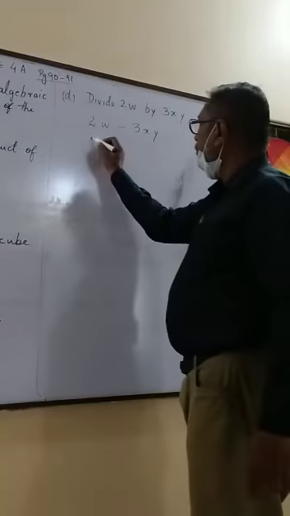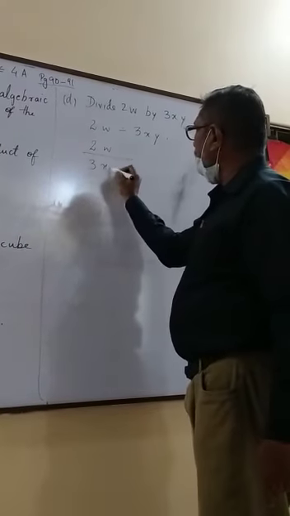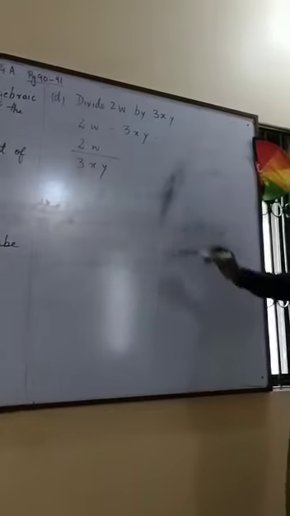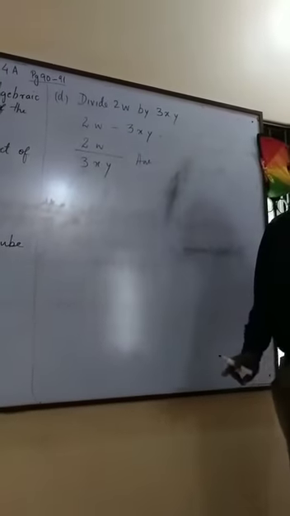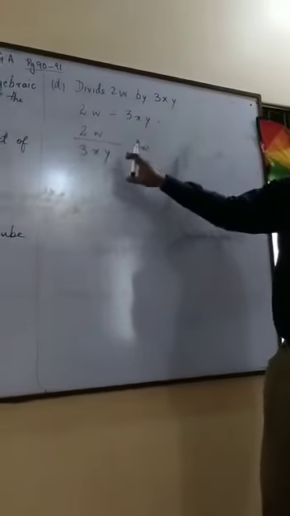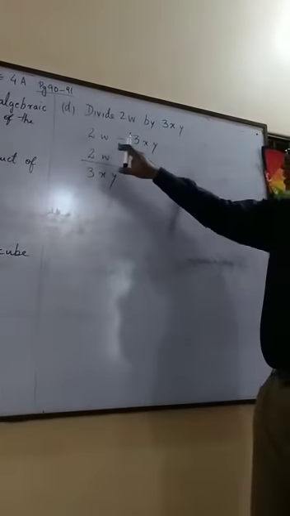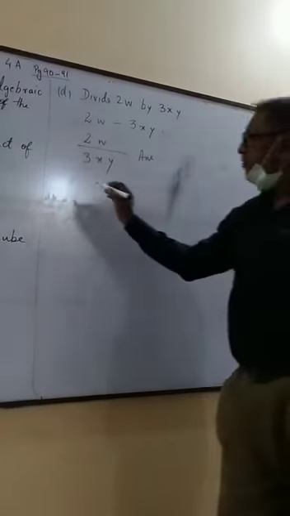Then 2w upon 3xy will be its answer. Okay, so this divide sign means a line. This divide sign will be converted into a line, and 2w upon 3xy is its answer.